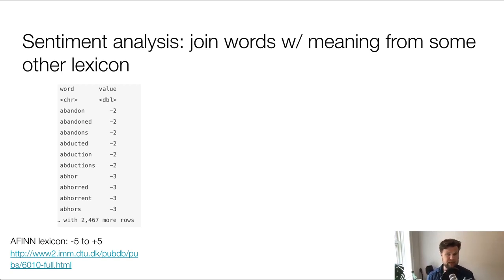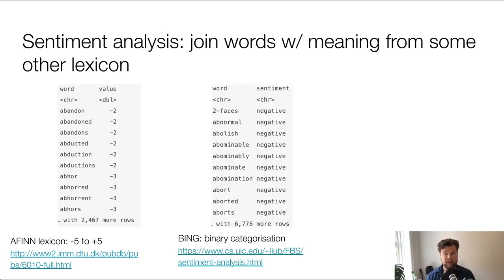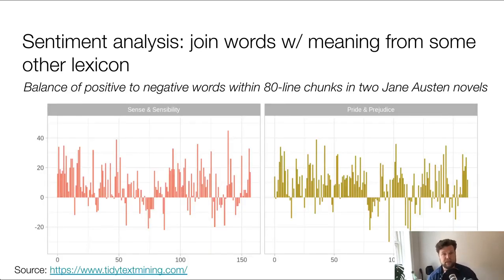So for example, the AFINN lexicon ranks lots of words on a scale from -5 to +5 as to whether they are very negative or very positive in terms of their emotional valence. The Bing lexicon gives words a binary categorization about whether they're negative or positive, and there are many other lexicons for this.